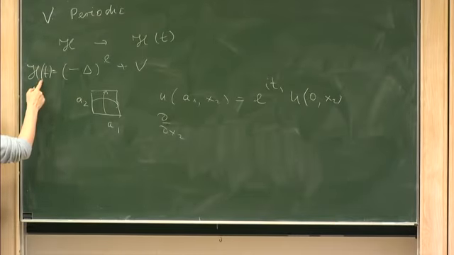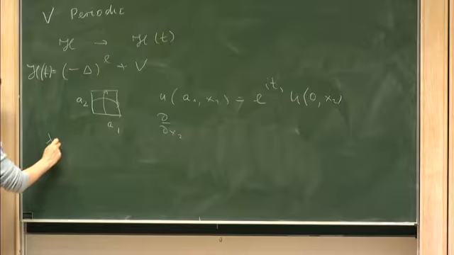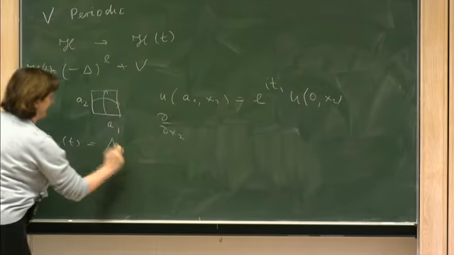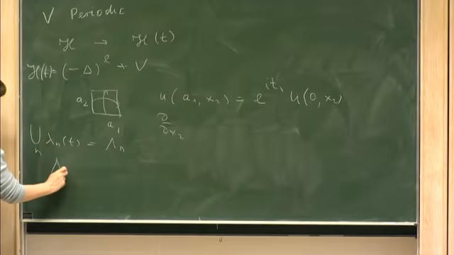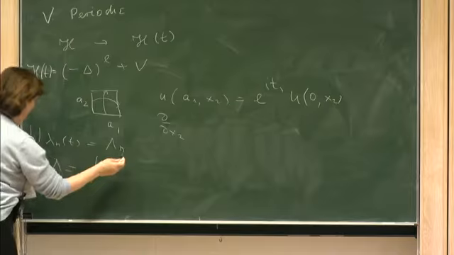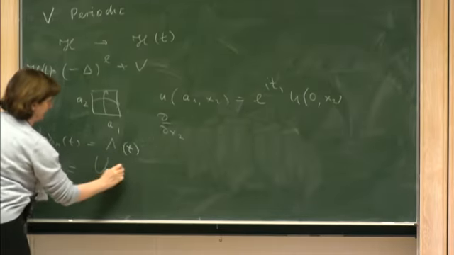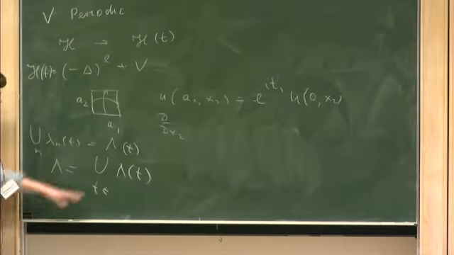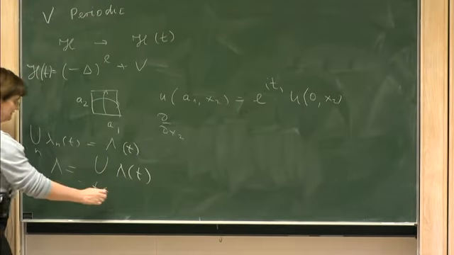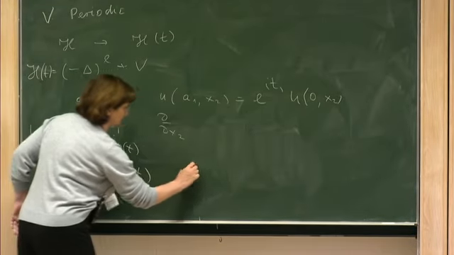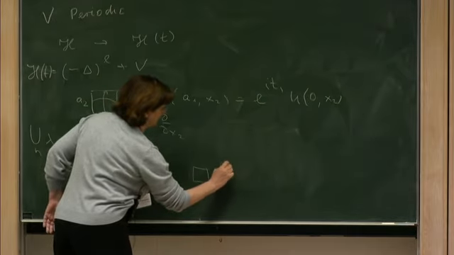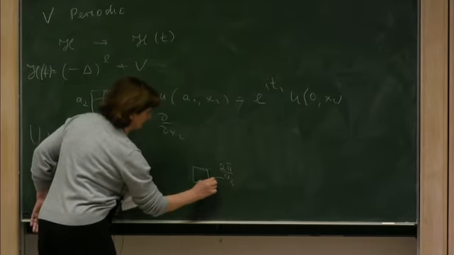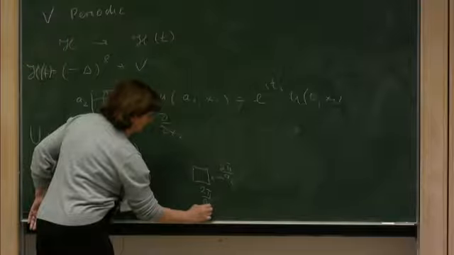And then the spectrum of this operator is already discrete, a union of eigenvalues. And the good thing is that the spectrum of the whole operator is the union of the spectrum of H(t) when t belongs to K, which is the reciprocal lattice: 2 pi over a1 this size, 2 pi over a2 this size.